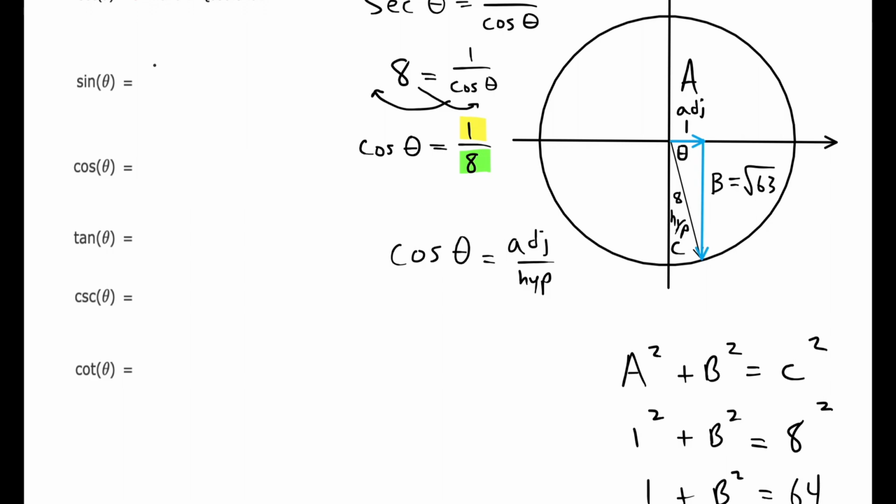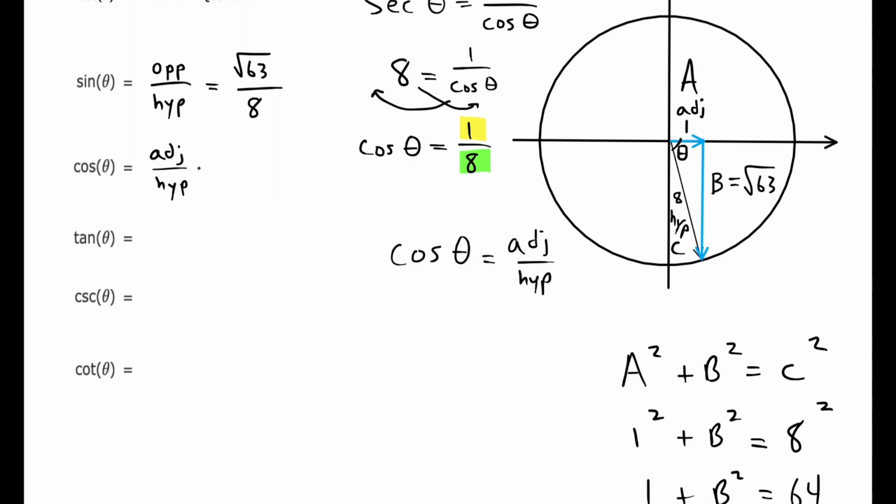According to SOHCAHTOA, sine of theta would be the opposite over the hypotenuse. If this is our angle theta, the opposite is the b, so you put the radical 63 there, and the hypotenuse is an 8. For cosine, it's adjacent over hypotenuse.